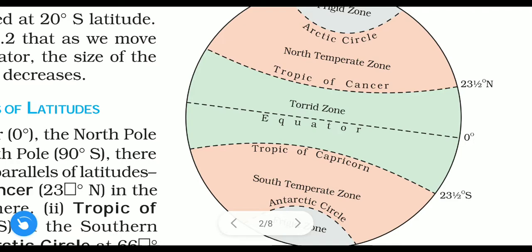That is why this region receives extreme heat. So this whole region is called the torrid zone. Understood?